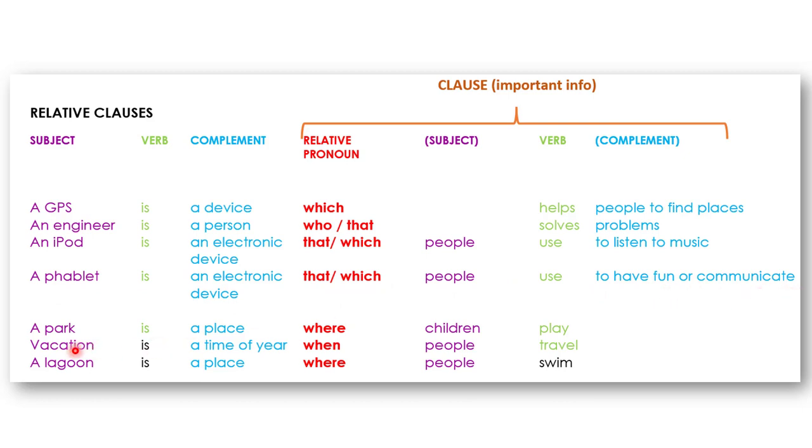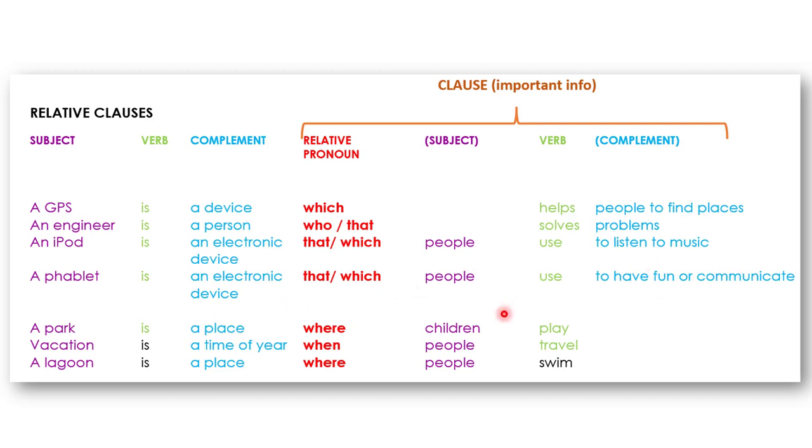A park is a place where children play. Vacation is a time of year when people travel. A lagoon is a place where people swim. So if you pay attention, my information is in the second part at the end. Okay, this is all my extra, important information.